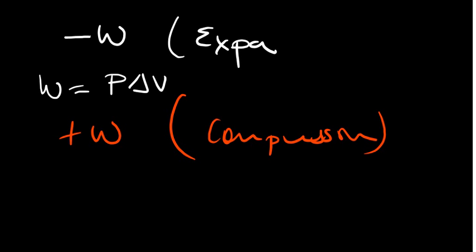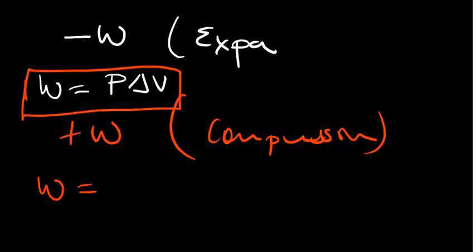So make sure that when you are dealing with expansion, your work is negative at the end. When it's compression, work should be positive at the end. That's what is important. So there's no negative in front of the formula. If you don't want to confuse yourself, just know that for expansion, at the end of the day, you need to get your answer to be negative.